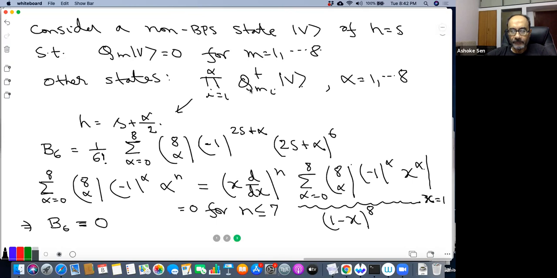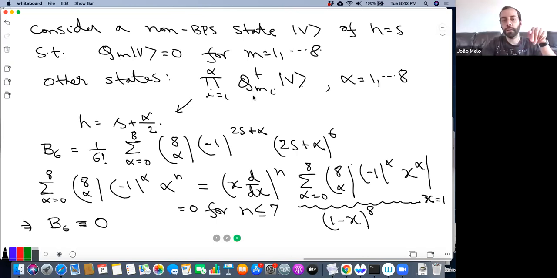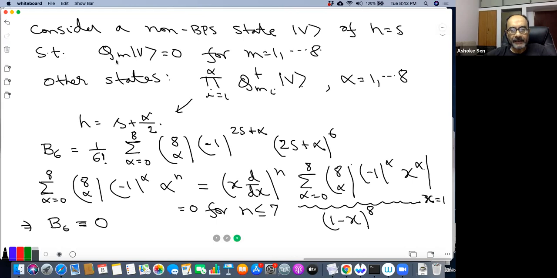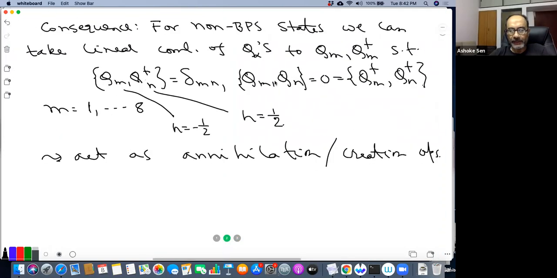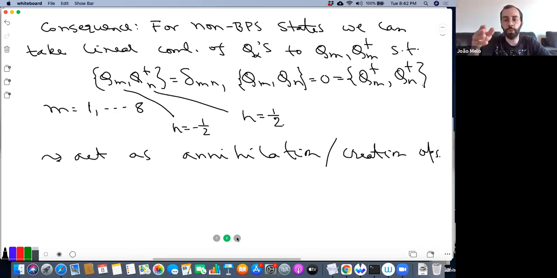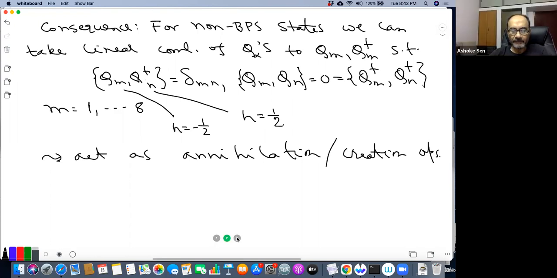Is it guaranteed that at some point a QM acting on the state gives me 0? Yeah, because if you look at the algebra, QM square is 0, so you can only apply it once. Every QM you can apply only once. Oh yeah, so we start with an arbitrary state, act with QM once, and then that is some V. Exactly. Cool, thank you.